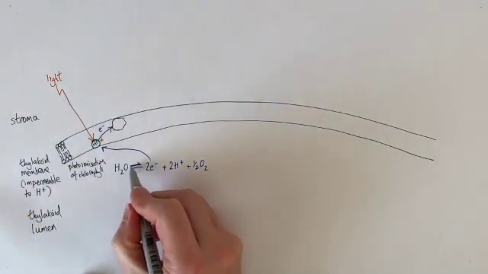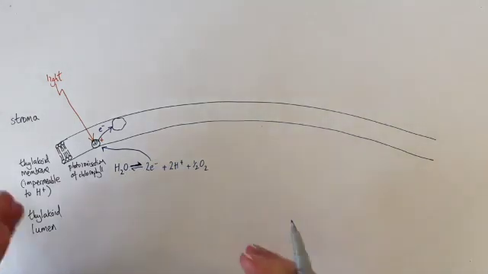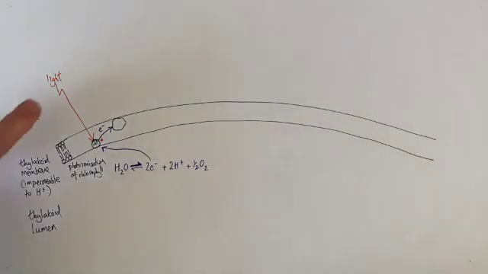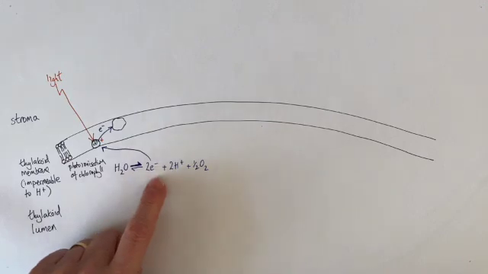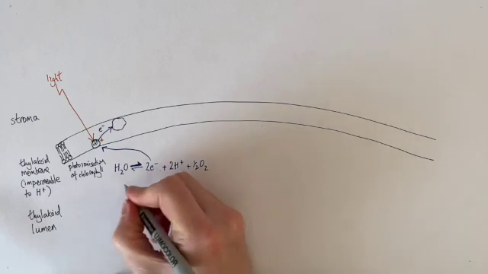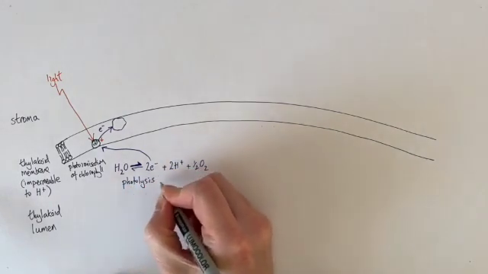So it then favours this forward reaction to try and balance it up. So indirectly, light is splitting water molecules. It's encouraging the forward reaction. And this is called the photolysis of water.